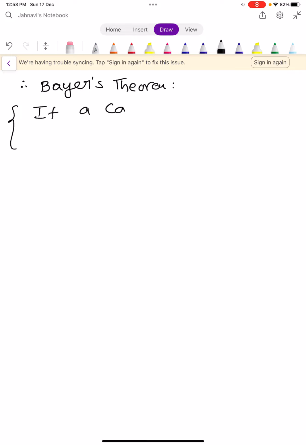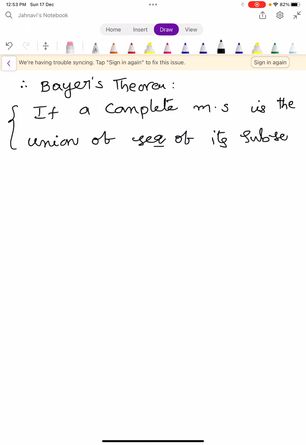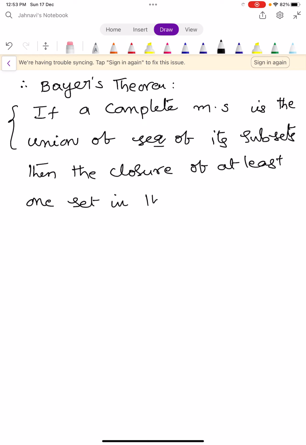If a complete metric space is the union of a sequence of its subsets, then the closure of at least one set in that sequence must have non-empty interior.